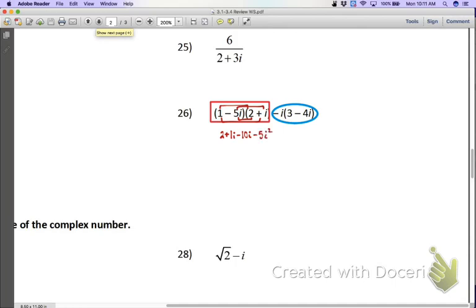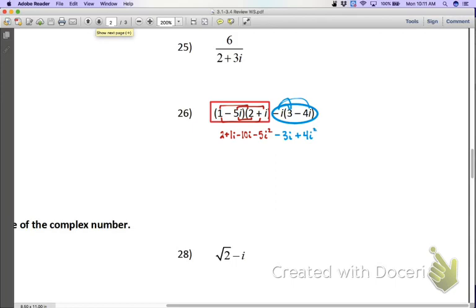Now, I would just go ahead and continue moving on with what's inside now my circle. So I'm going to distribute that negative i. So I'm going to have negative 3i. And then I'm going to do the same thing and have a negative and a negative make a positive 4i squared.